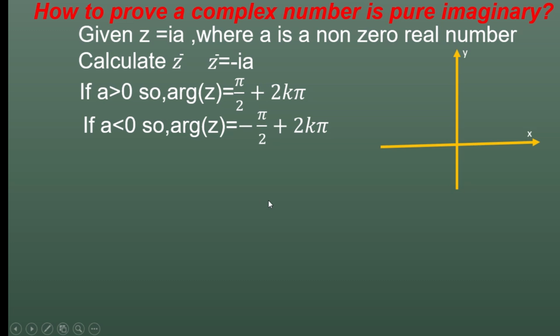And if a is different from 0, we know only that a is different from 0, a may be positive, may be negative, then the image of the complex number may be on the positive y or on the negative y, and in this case the argument of z equals pi by 2 plus k pi. Pi by 2 plus pi here, plus pi on the y positive, plus pi on the y negative, it means pi by 2 plus k pi.